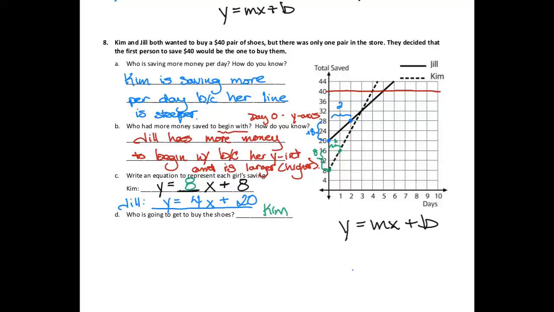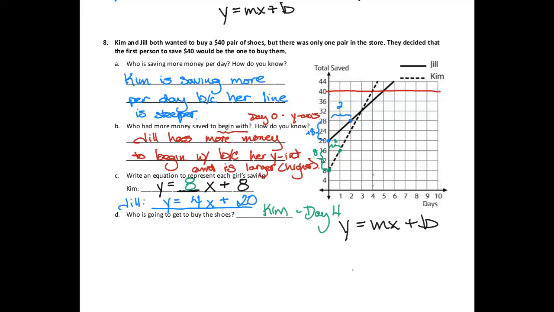What day does Kim get to buy the shoes on, according to her savings plan? I know that's not part of the problem, but day 4. Yes, day 4. How can we tell? Well, if you look at it, oh, pen stopped working.